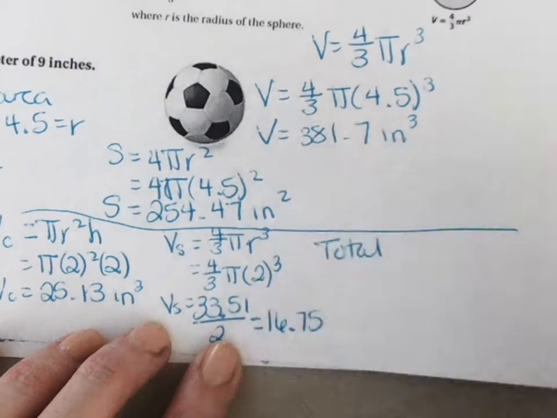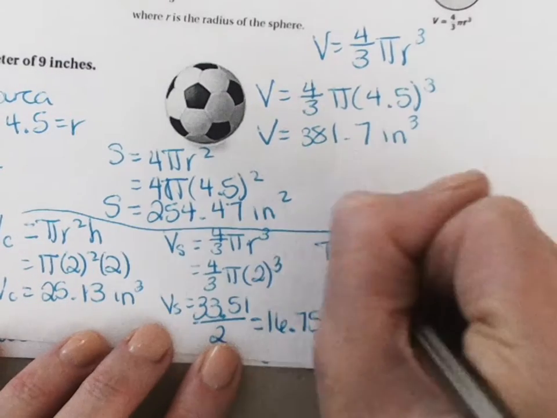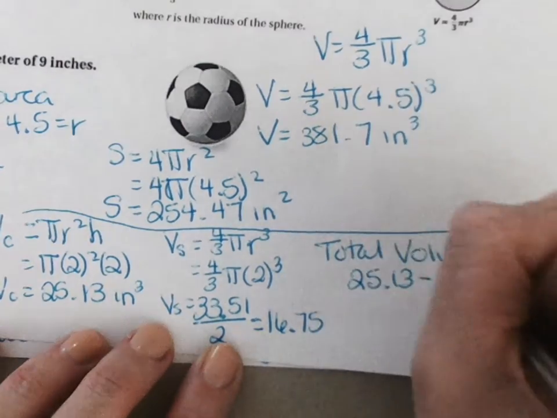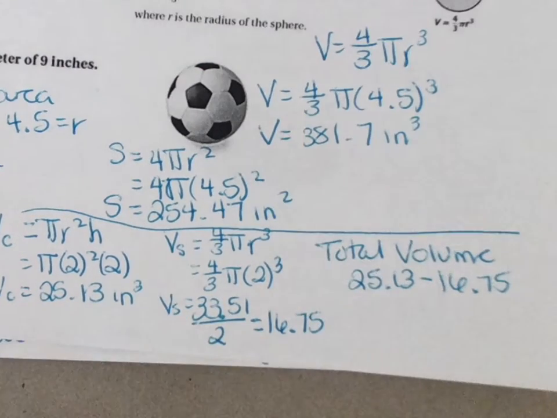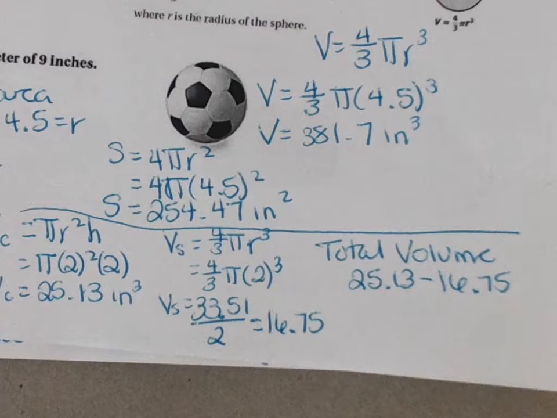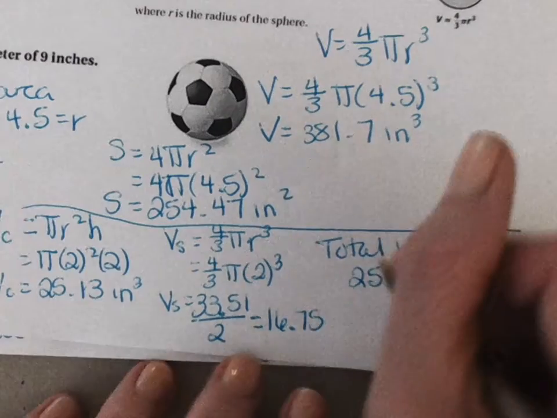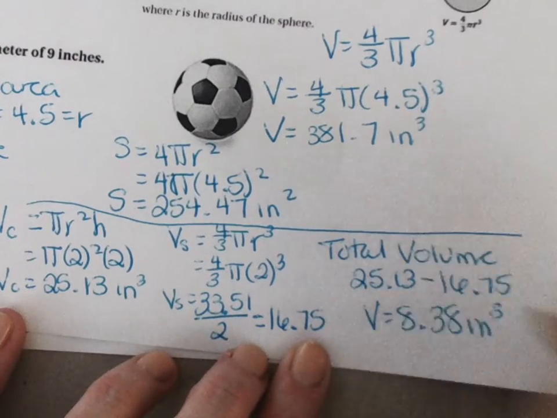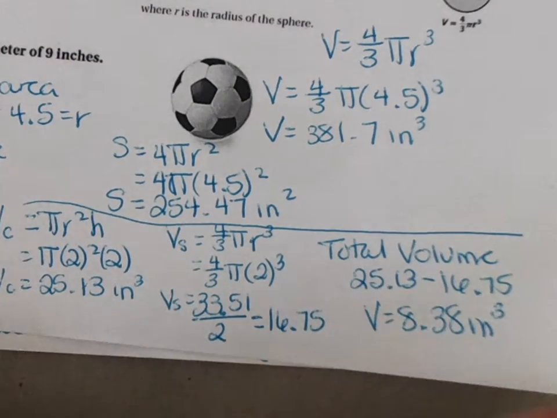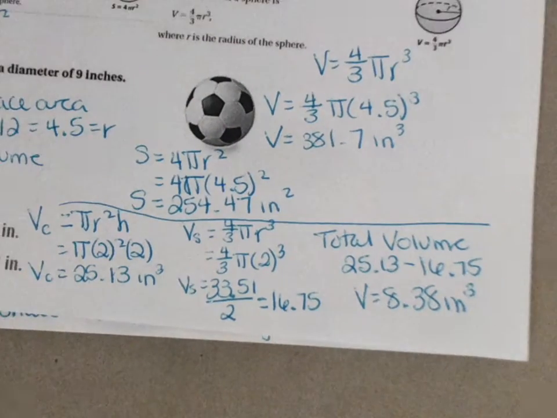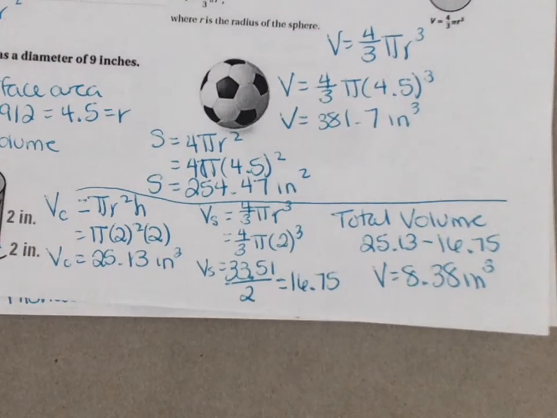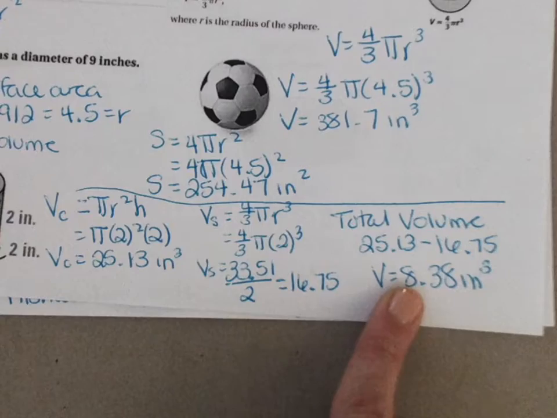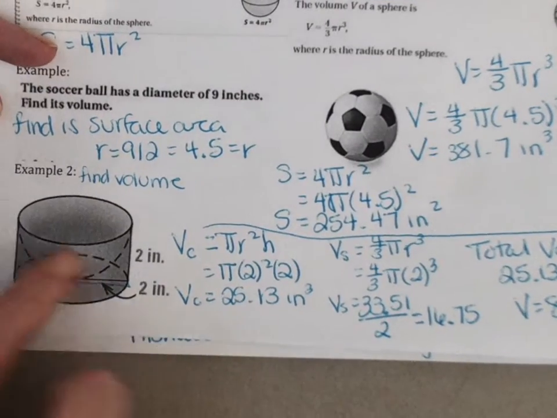My total volume is going to be this 25.13 minus 16.75. And then I have to have inches cubed. I'll leave that up so you can make sure that you copy it. So this would be the total volume of this section here, minus what was cut out.